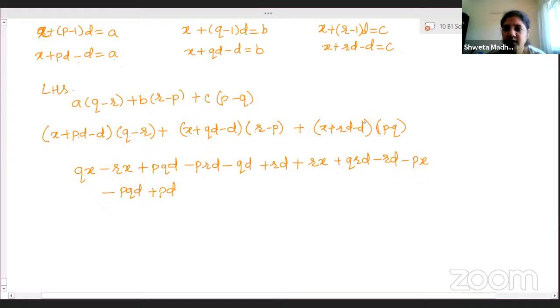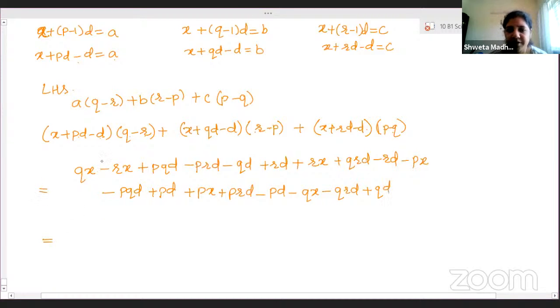Clear? And this is p into everything, then minus q into everything. Plus px, plus prd, minus pd, minus qx, minus qrd, plus qd.